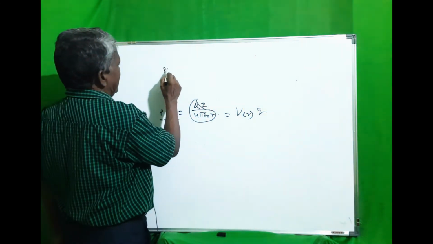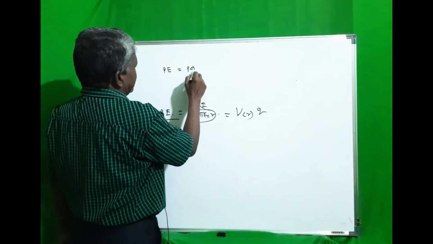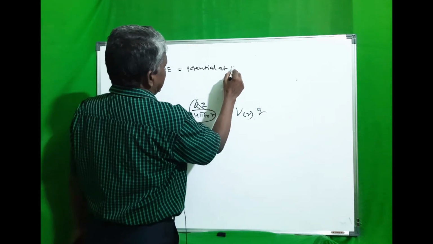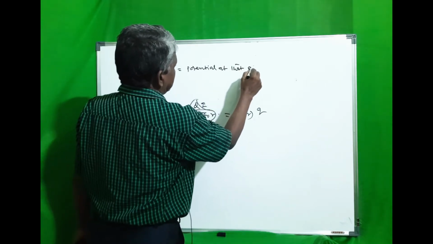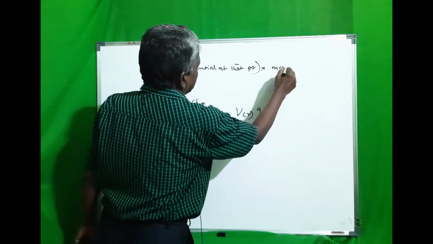So potential energy at any point is potential at that point multiplied by the moving charge.